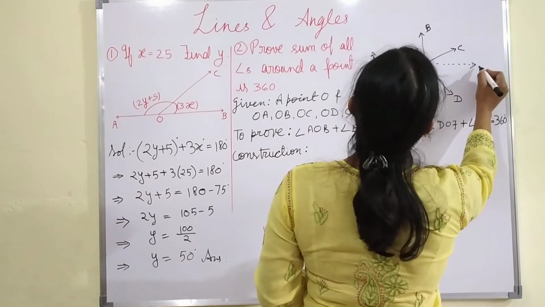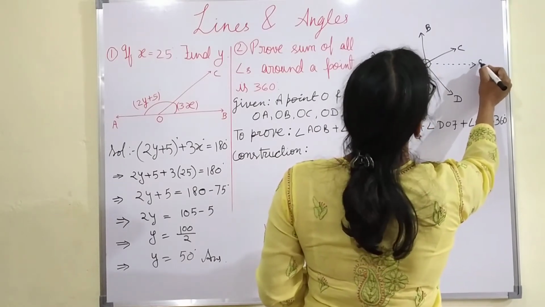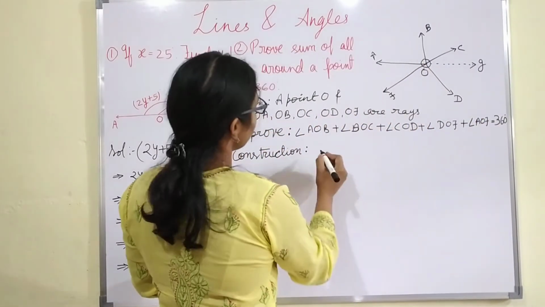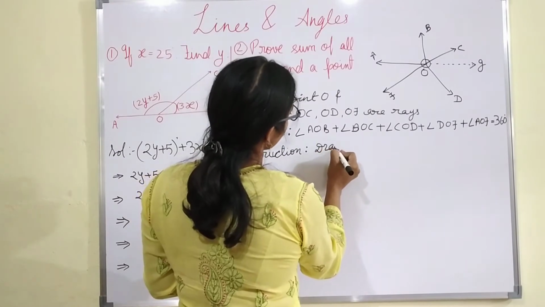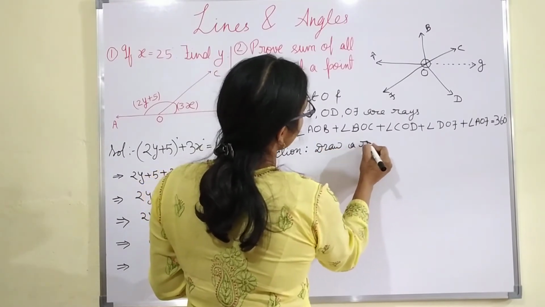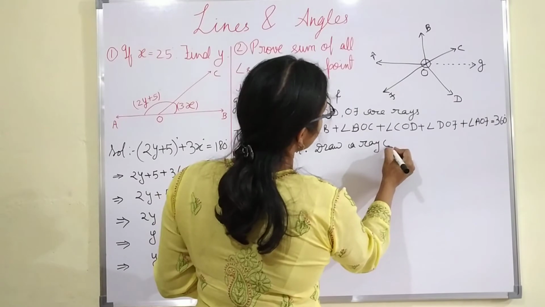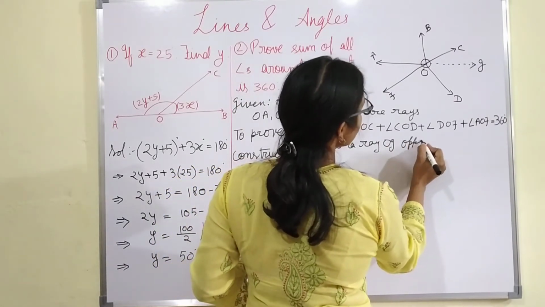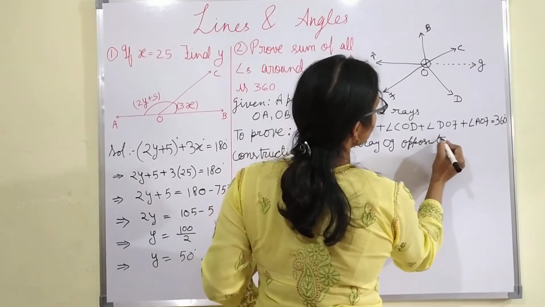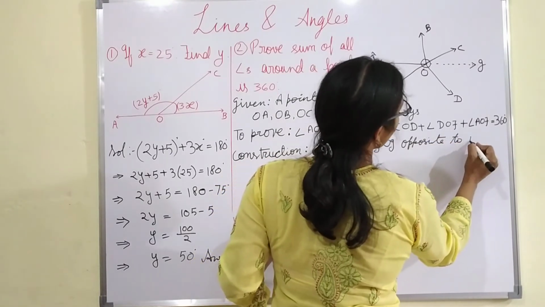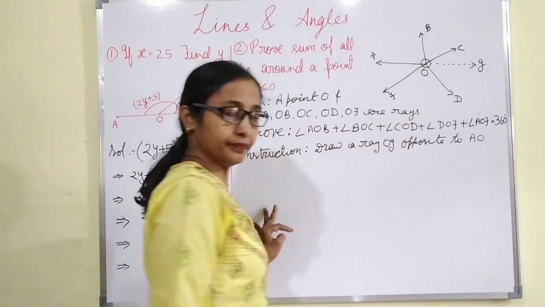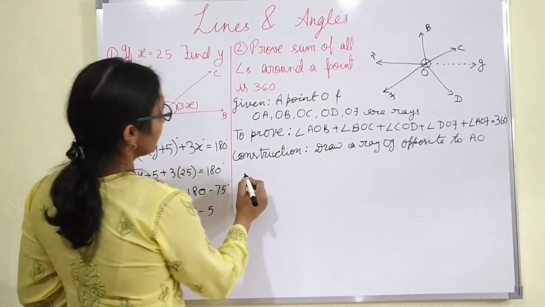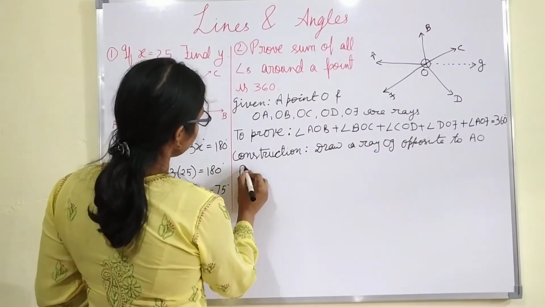That is G. Draw a ray OG that is opposite to AO. Okay. Now proof.